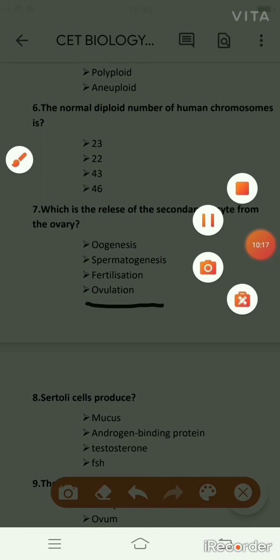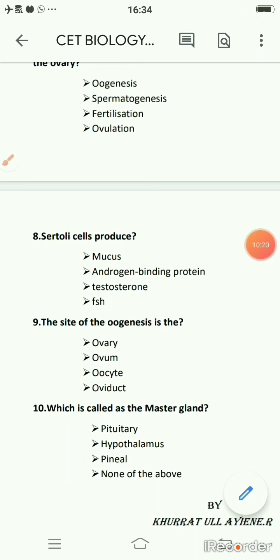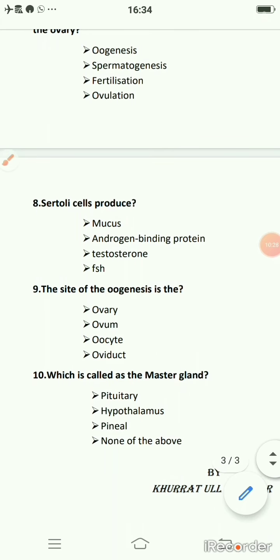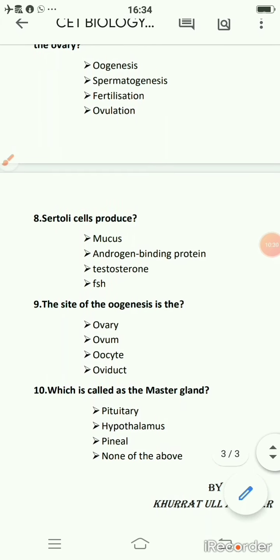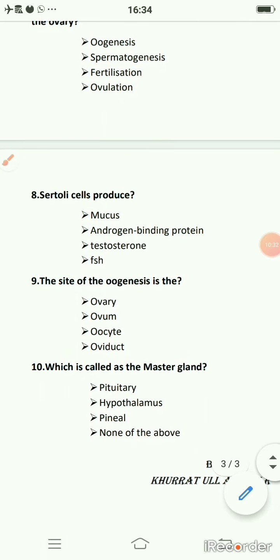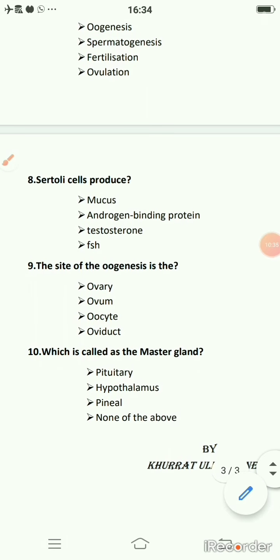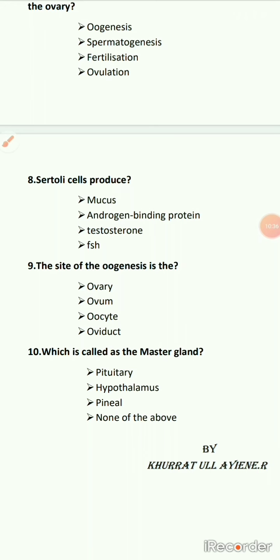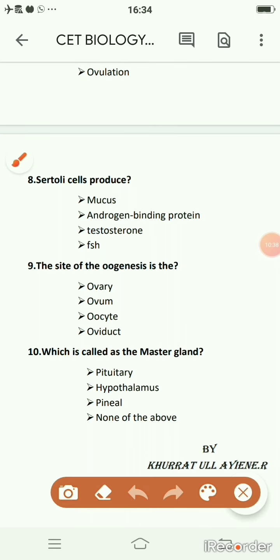Fine. Okay. Sertoli cells produce, the first option is mucus. Obviously mucus is not an answer because it is secreted by the lining tissues. Okay, and the next option is androgen binding protein.